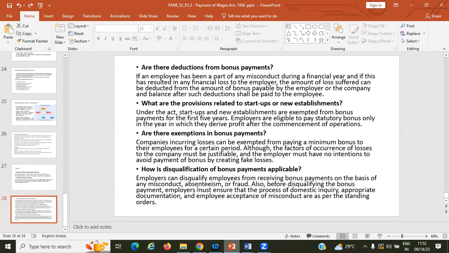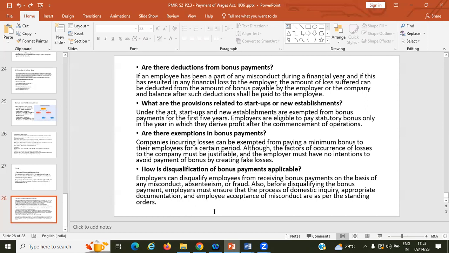So you don't need to give bonus for those kind of people. That is disqualification. So you are disqualifying certain people based on certain ground. If someone has done some big loss to the organization, you may disqualify.